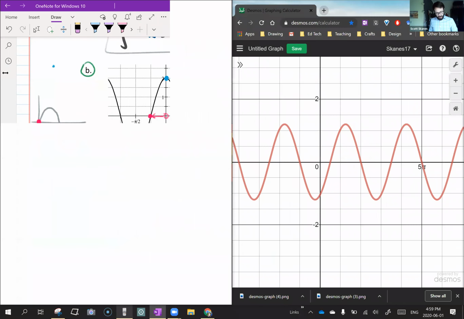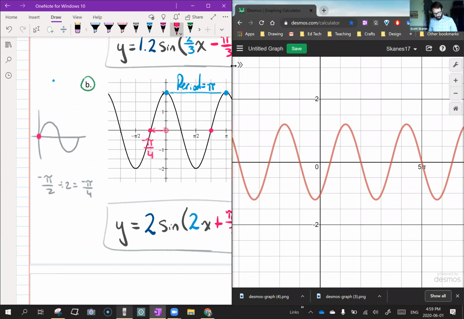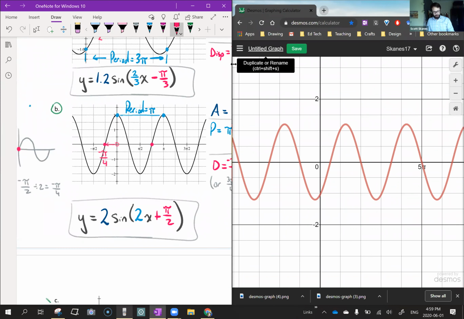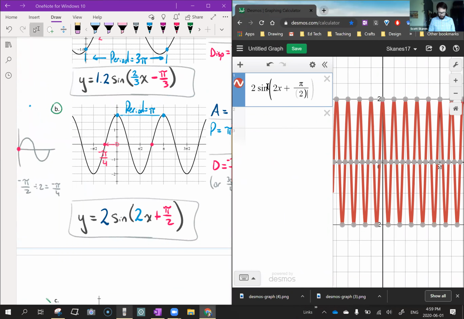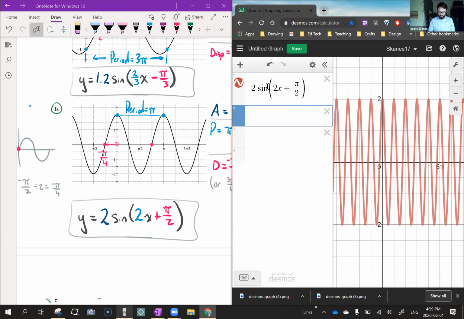I just want to quickly graph this one just to confirm. Sometimes I don't trust my own work. I'm pretty sure this is right. But let's check. Let's see, 2 sine 2x plus pi over 2. Whoa, it's a crazy looking one, huh? What's going on here?